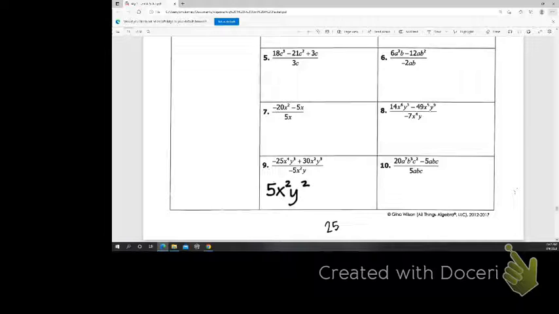Next term, also dividing by that negative 5x squared y. 30 divided by negative 5, negative 6. The x's are canceled out because that would be 0 power. And then 5 take away 1, y to the 4th. Alright, so pause me, try number 10, and then come back to see if you're correct.